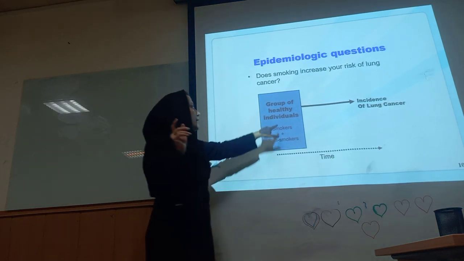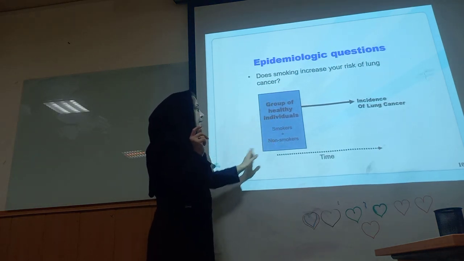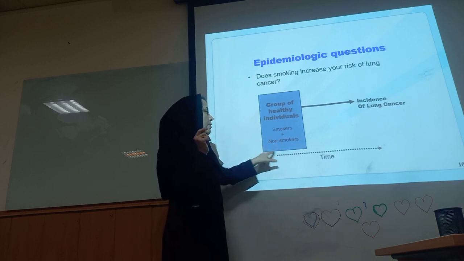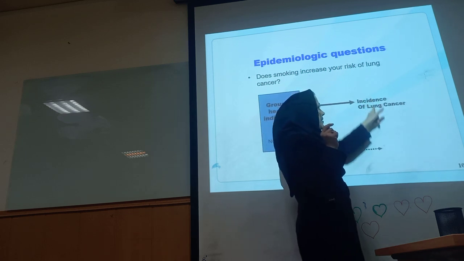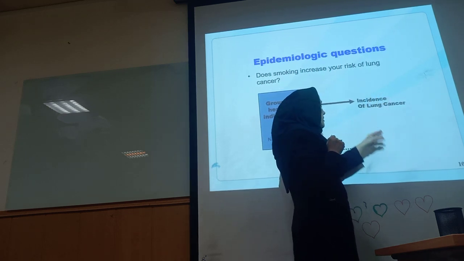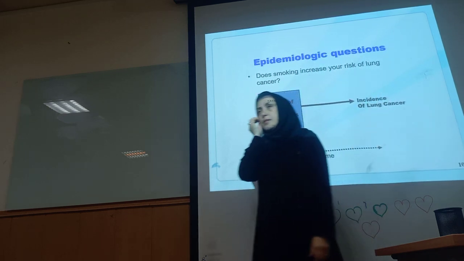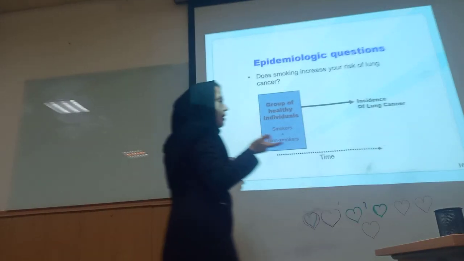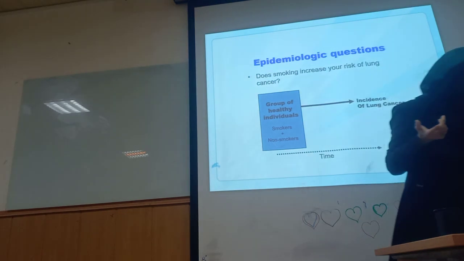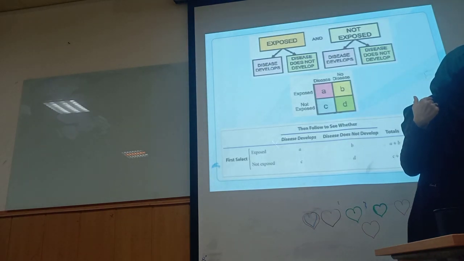They are healthy, but some of them are smokers, some of them are non-smokers. You can follow them, and after some years, you can define if they are diseased or not. It is the summary of cohort study.